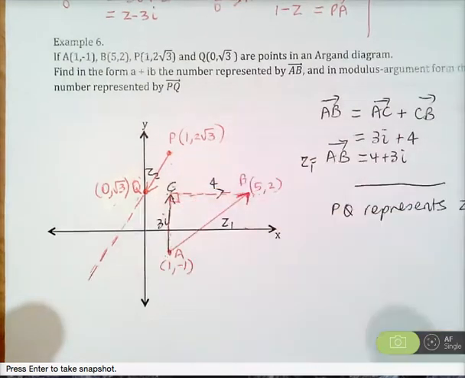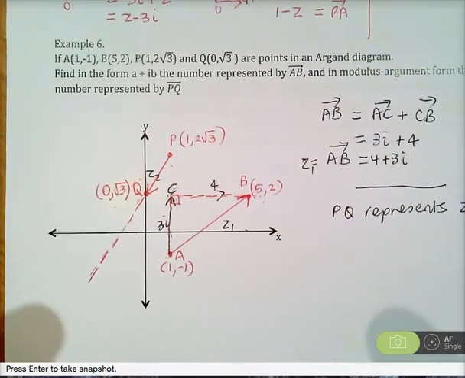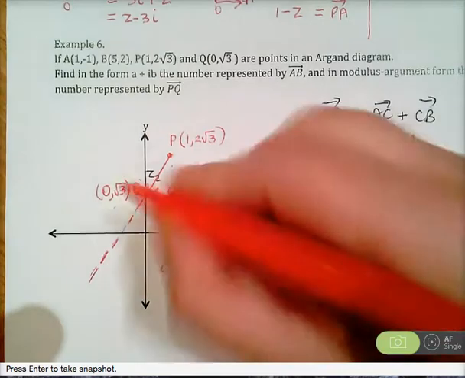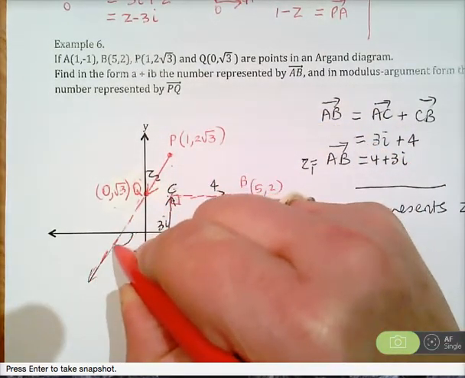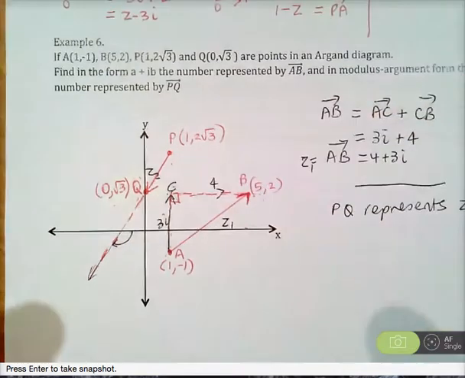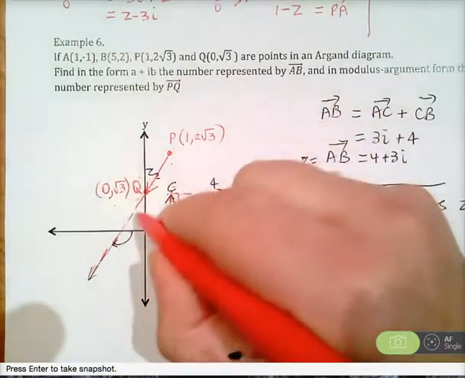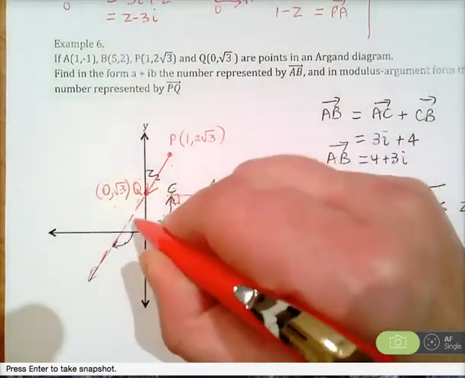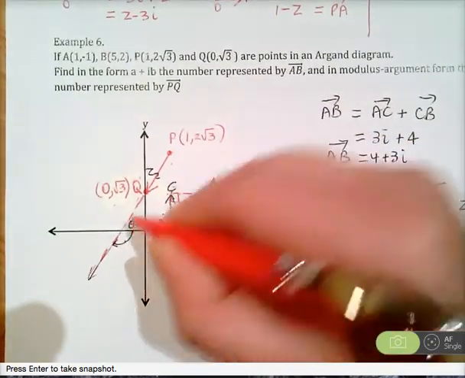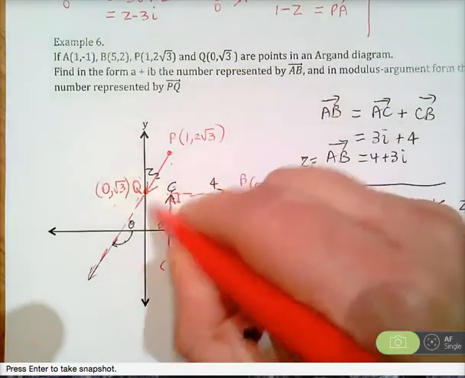So if PQ is going down here, so it goes like this, we need actually this angle here, not that angle there. To be able to find this angle here, we could first find this angle in here, and I'm going to call it theta. Now if this here is the point 0, root 3, then this distance here is root 3.